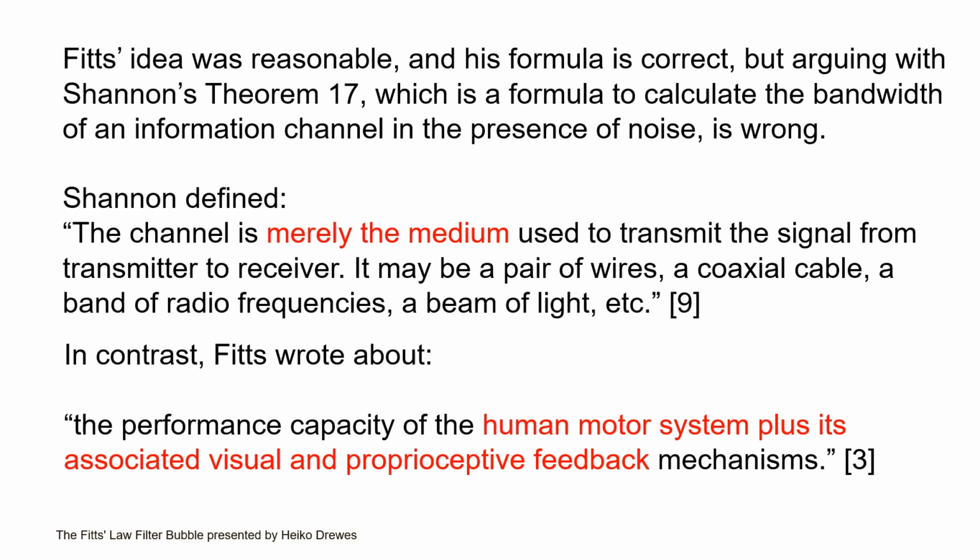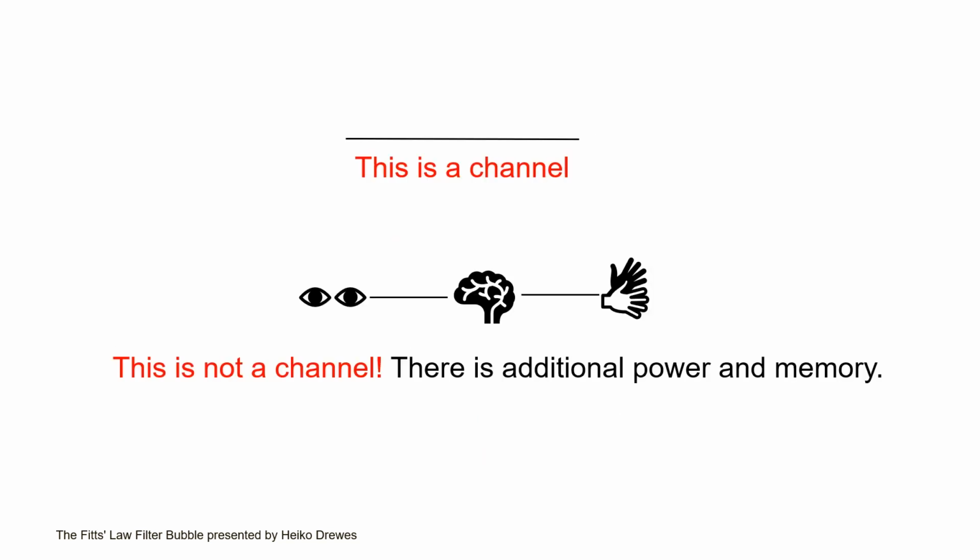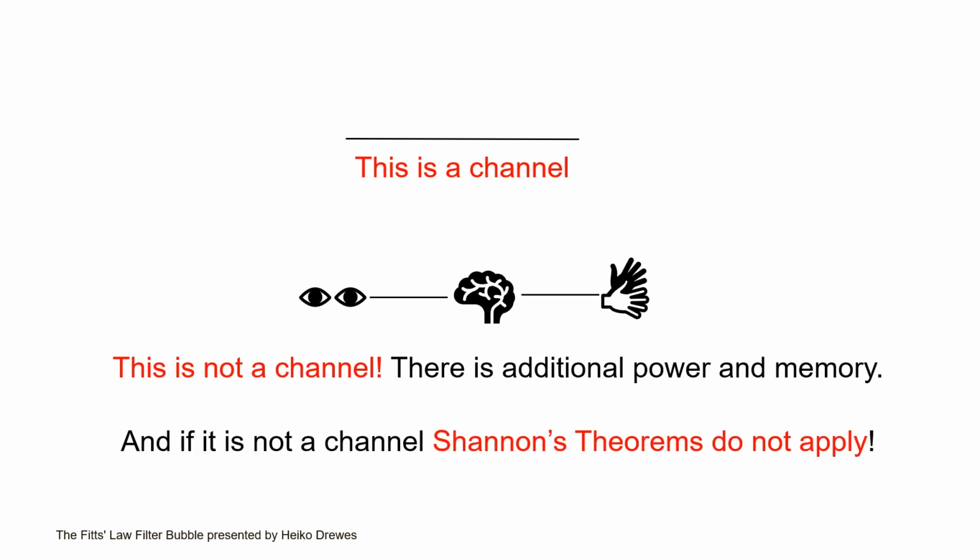It may be a pair of wires, a coaxial cable, a band of radio frequencies, a beam of light, etc. In contrast, Fitts wrote about the performance capacity of the human motor system plus its associated visual and proprioceptive feedback mechanisms. This is not a channel as there's additional power and memory, and if it's not a channel, Shannon theorem does not apply.